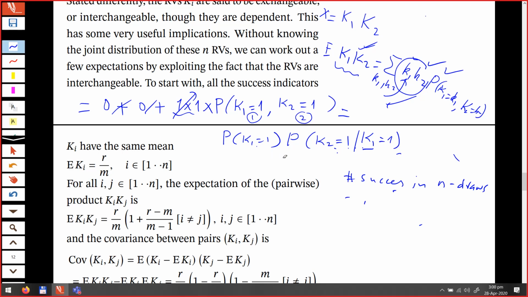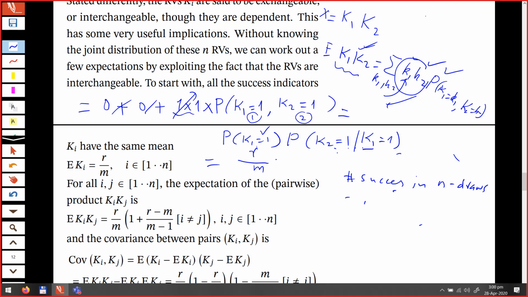Can anyone remember what this probability is? This one? R over M. This is R over M. This is just one trial, one experiment.